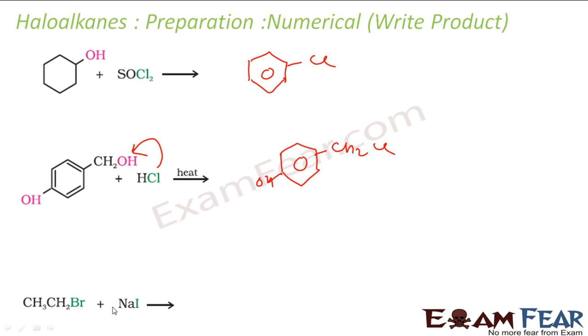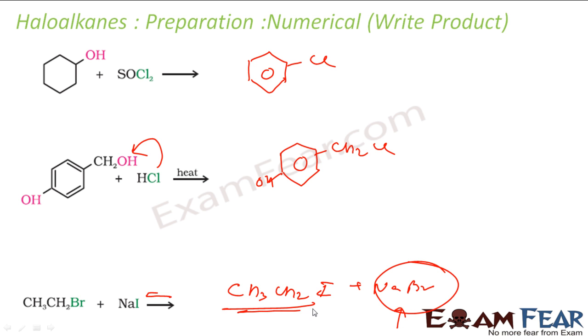With NaI, I have seen this, the halogen exchange reaction. This happens in the presence of acetone. So you get CH3CH2I plus NaBr. Actually, this is an equilibrium reaction, but it will proceed because NaBr precipitates out easily and we'll get this as the product.